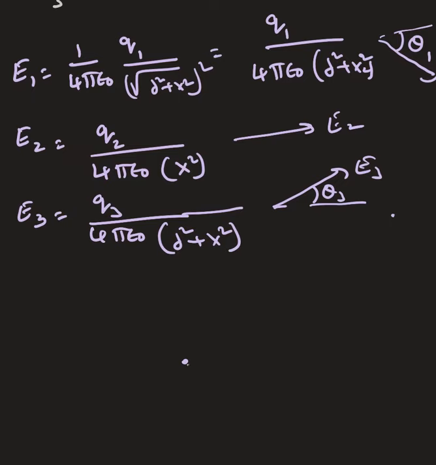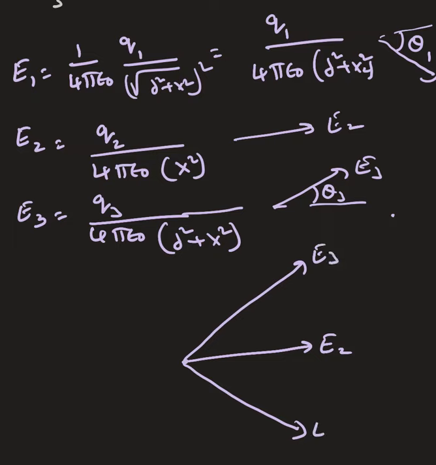Now we're adding all 3 vectors. Look here, E2 is on the x-axis, E1 is at a negative angle to the x-axis, and E3 is at a positive angle to the x-axis. This theta 3 is the same as theta 1, so I'm going to take that as theta.